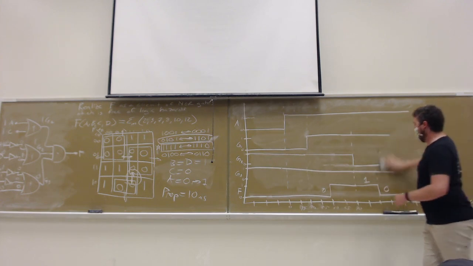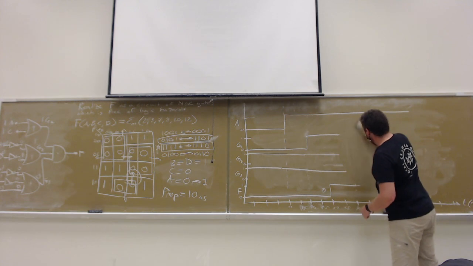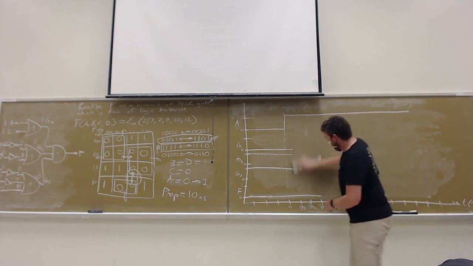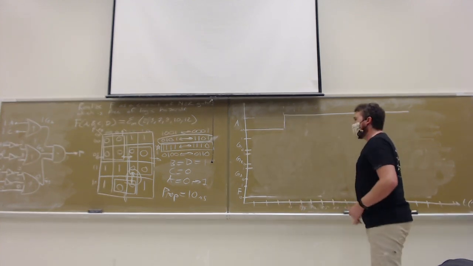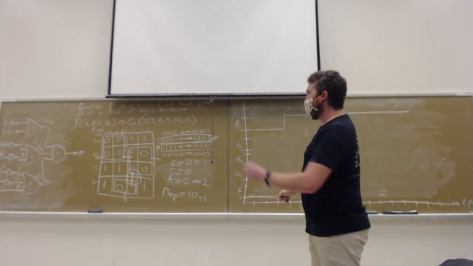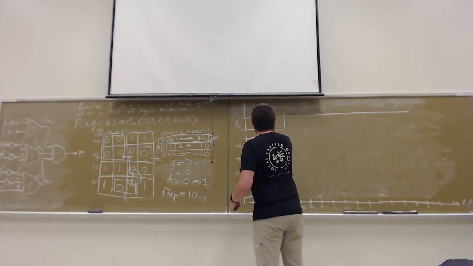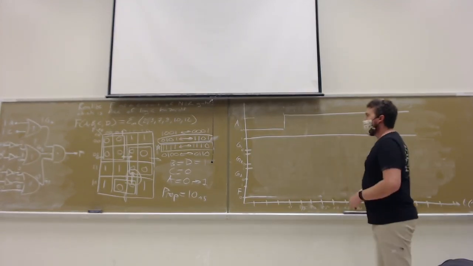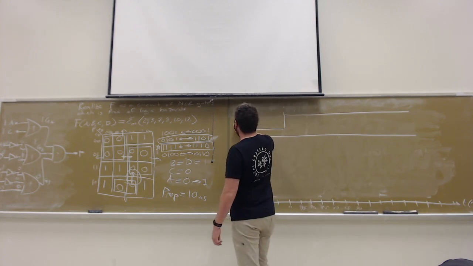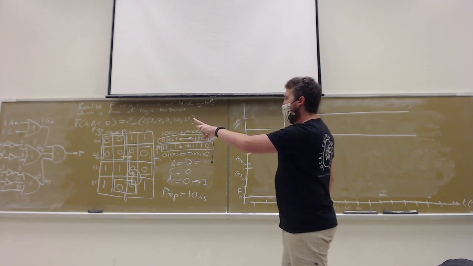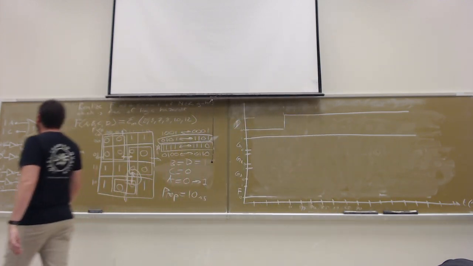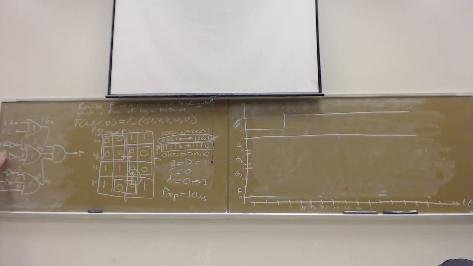So let's see. G1 stays the same, stays 1, nobody cares. And you say that this is D. G2 is going to switch from 1 to 0. It's going to take 20 nanoseconds to get there.